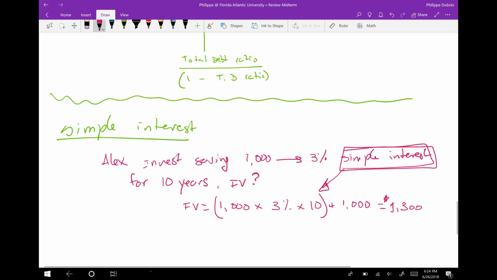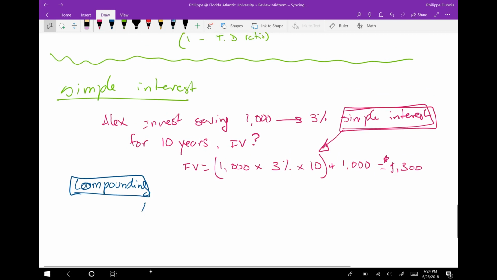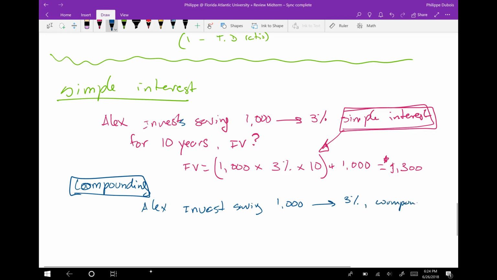Remember, compounding future value for this would say Alex invests in the savings account $1,000 that pays him 3% compounded annually, and after 10 years, what is his future value?